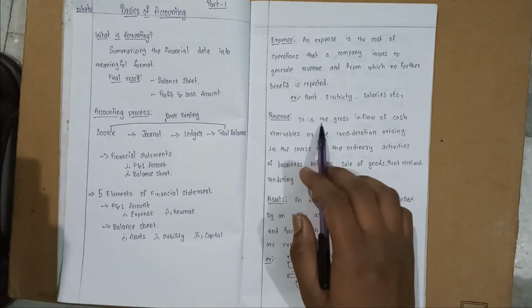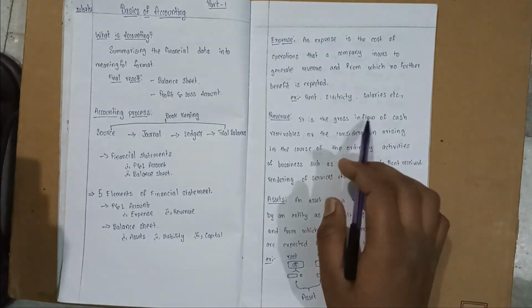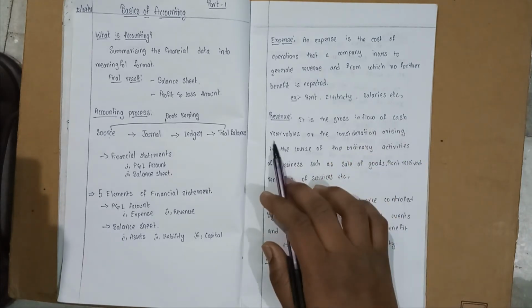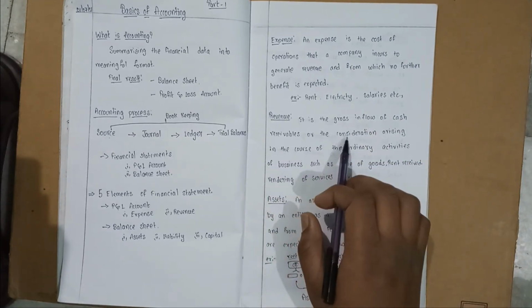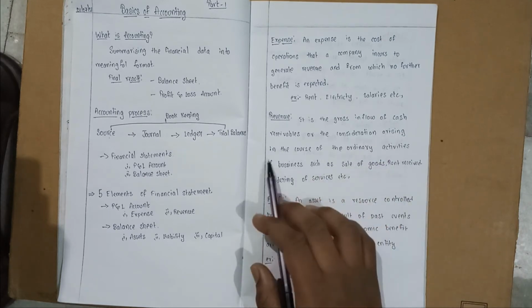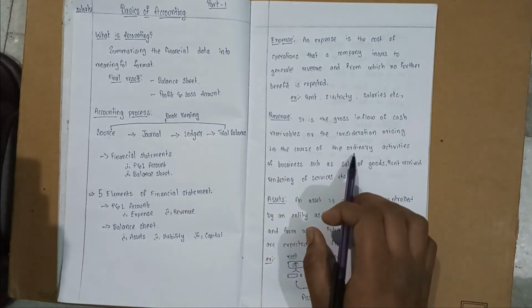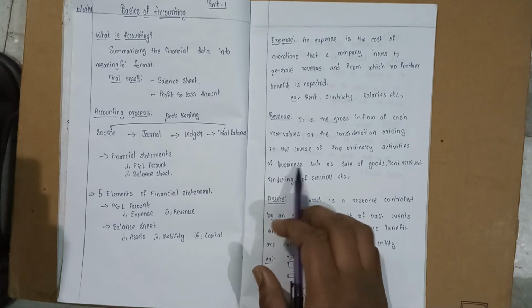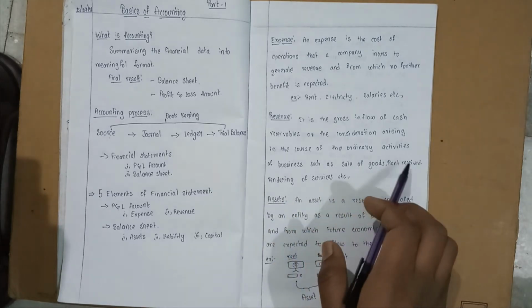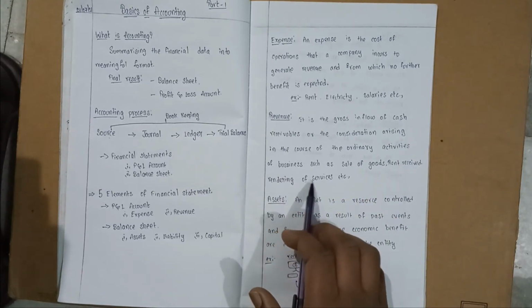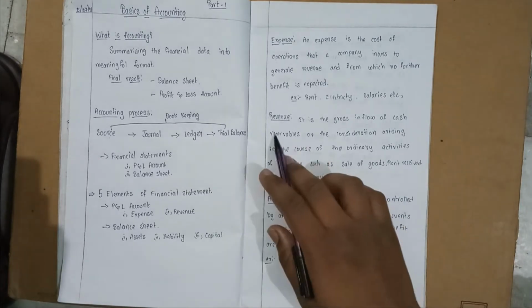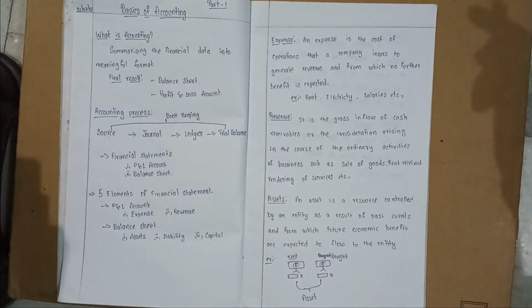Revenue. It is the gross inflow of cash, receivables, or other consideration arising in the course of ordinary activities of business, such as sale of goods, rent received, rendering services, etc. Revenue means the cash or money which is generated or coming into the business.